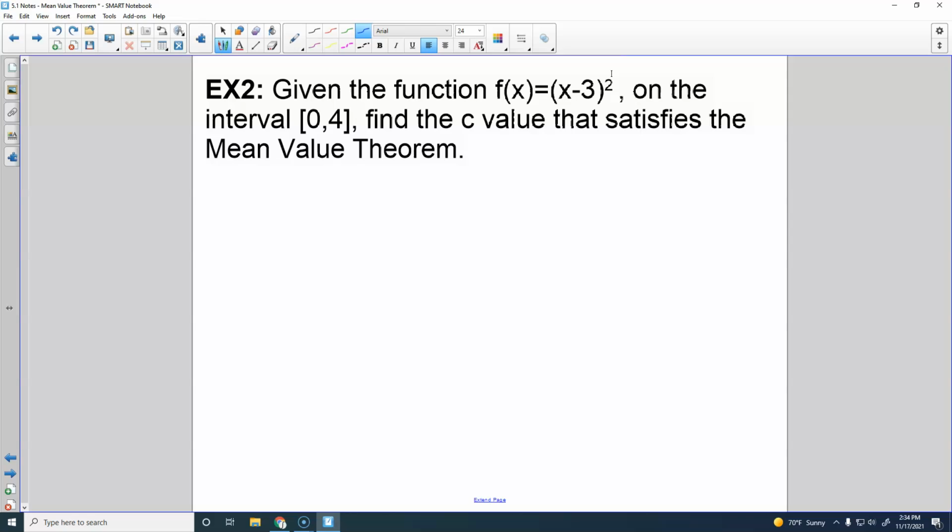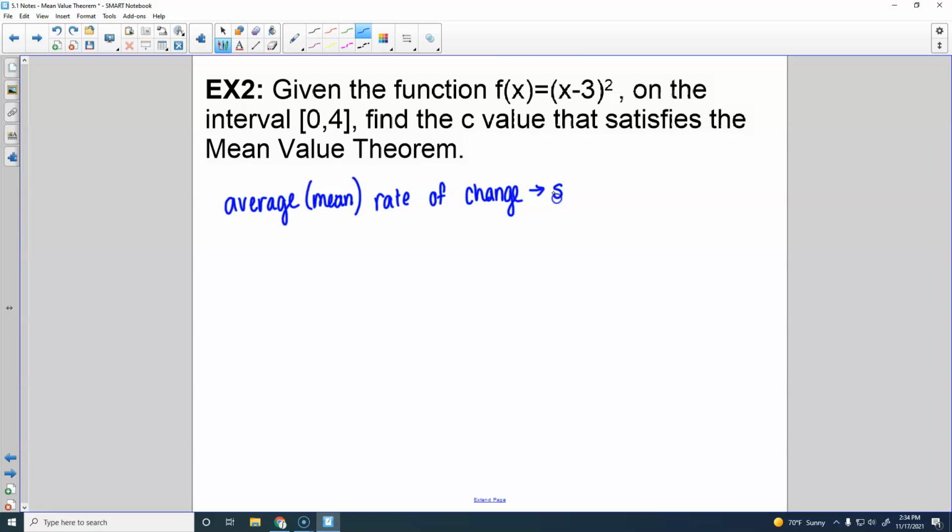So this applies in this particular case. Because they're just asking us to find the c, we don't necessarily have to write that on this one. But what we want to know is the average rate of change, or I should even call it mean, since this is the mean value theorem, rate of change is slope through the endpoints.